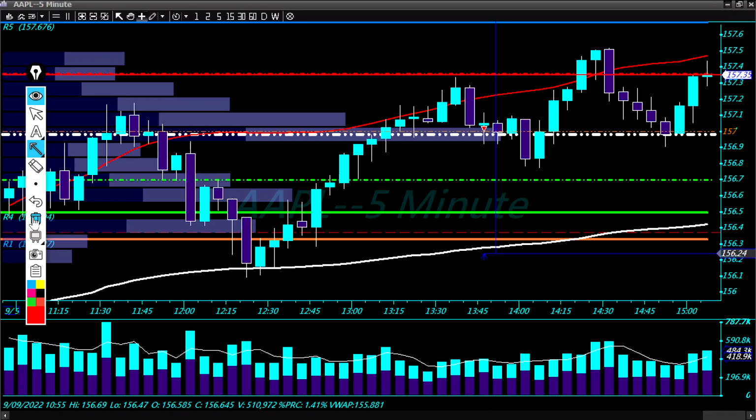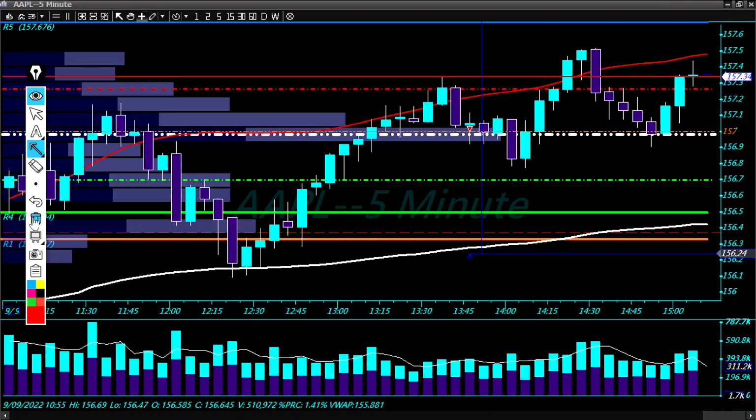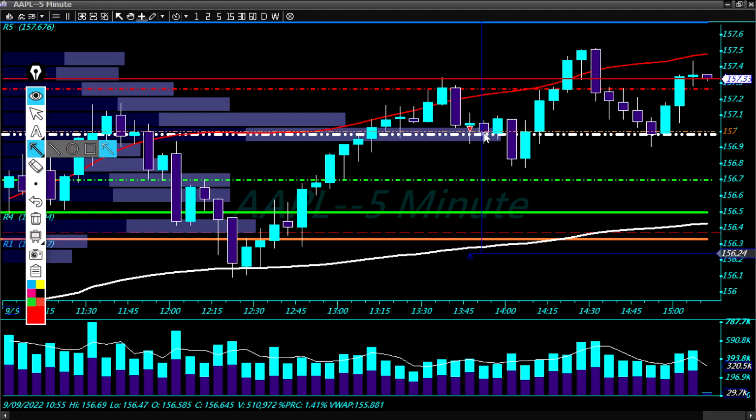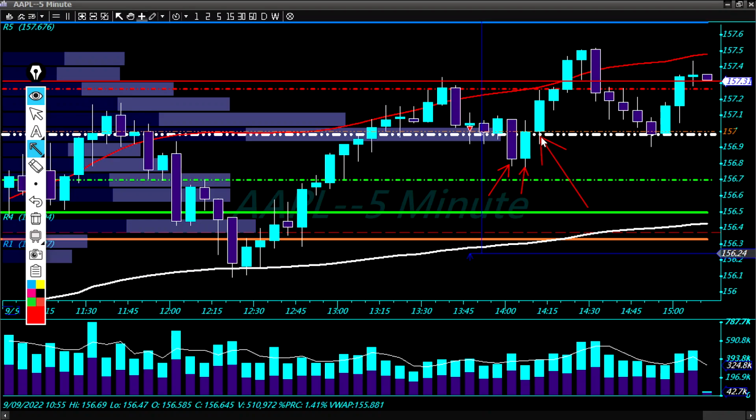So like this trade, for instance, the only thing that might be wrong with it is, I guess, risk management. I'm still in the trade after it pulled, went in my favor, had this reversal, and I should have just broken even as it pulled back.